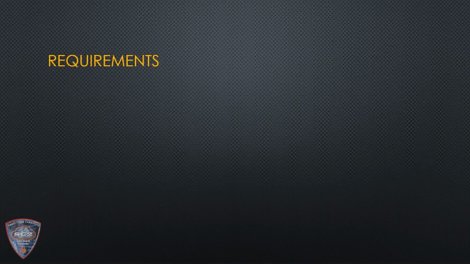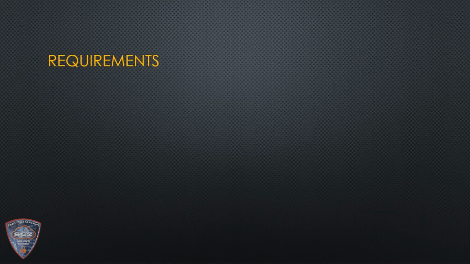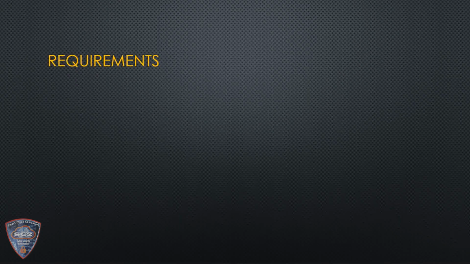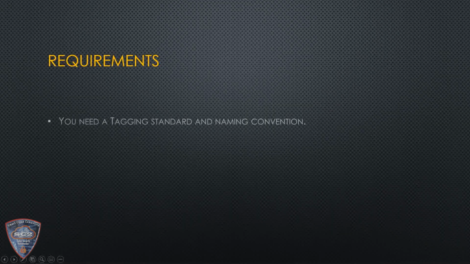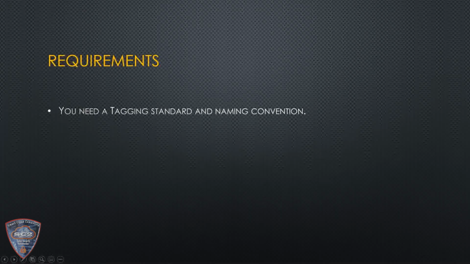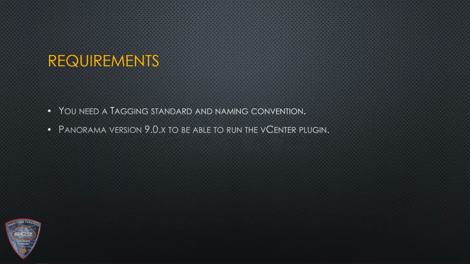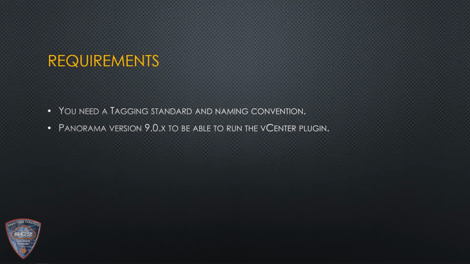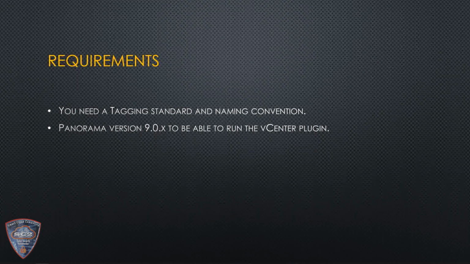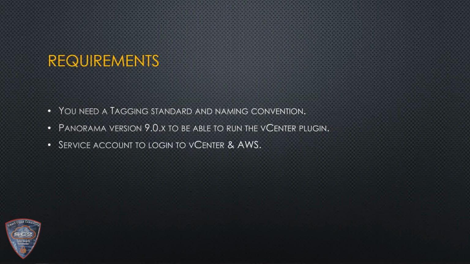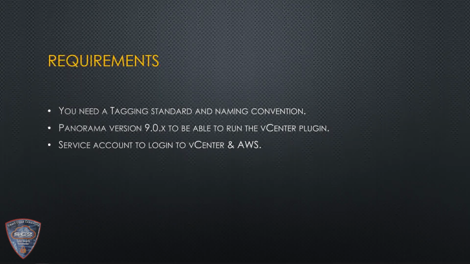What are the requirements you need to meet in order to implement vCenter tags and AWS tags? Well, you need to use a tagging standard and a naming convention. I would highly suggest using Panorama 9.0 or higher to be able to run the vCenter plugin. You need a service account to log in to vCenter and AWS. I would suggest just a read-only account.